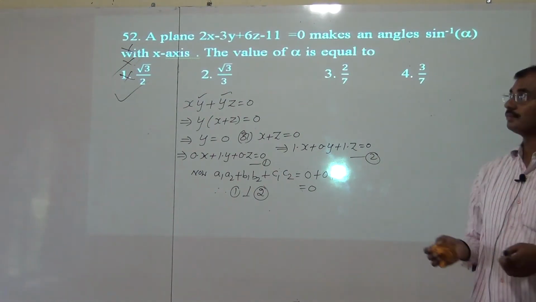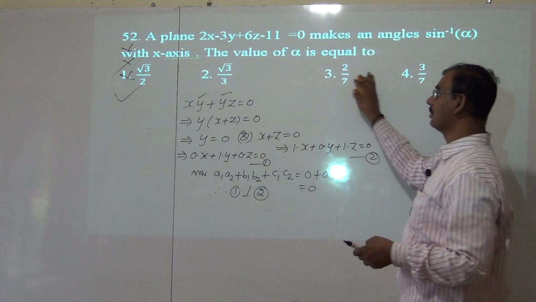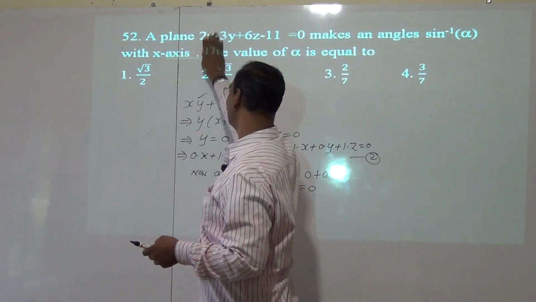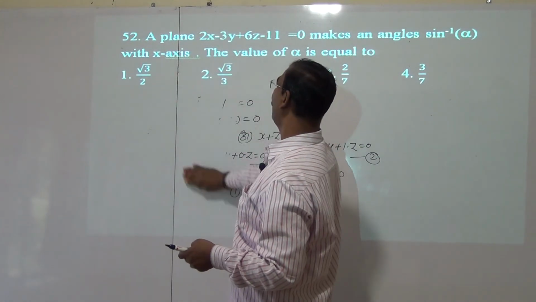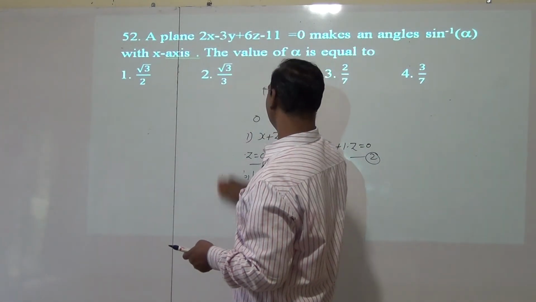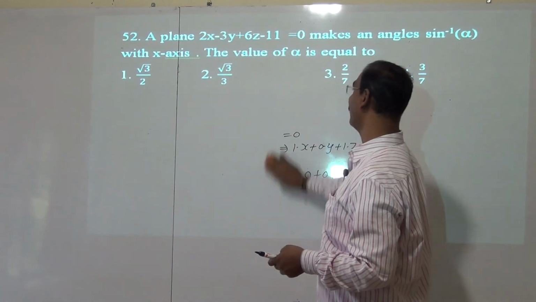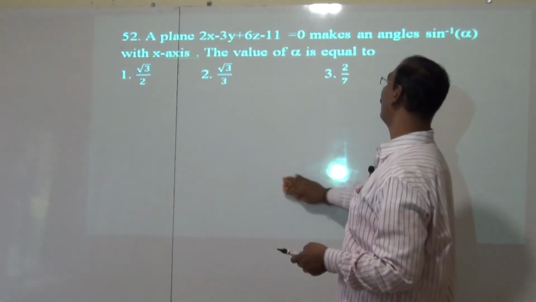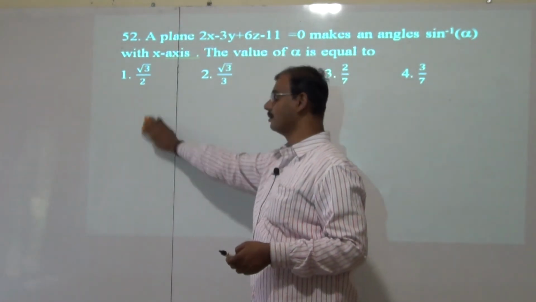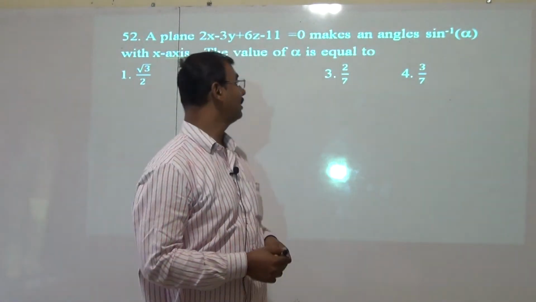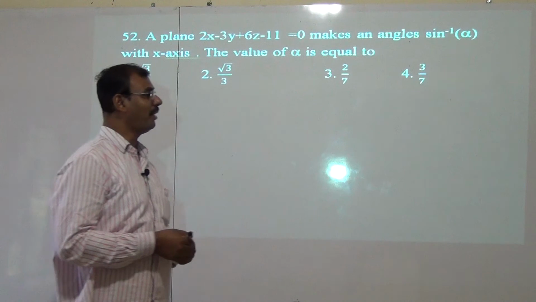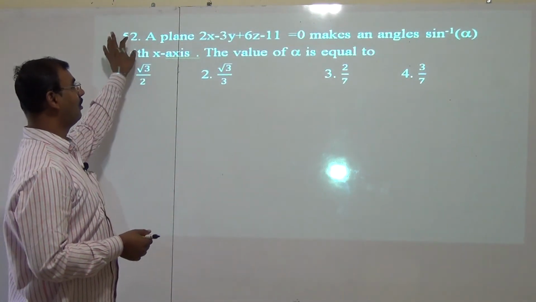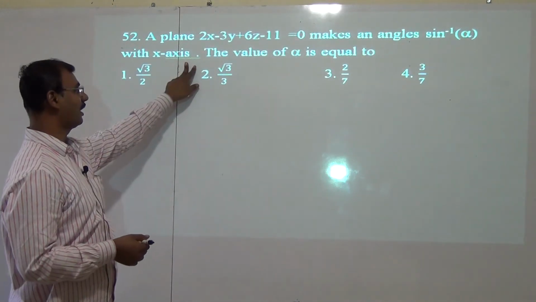Next question. Again one more question given in terms of angles. A plane 2x minus 3y plus 6z minus 11 is equal to 0 makes an angle sine inverse of alpha with the x-axis.